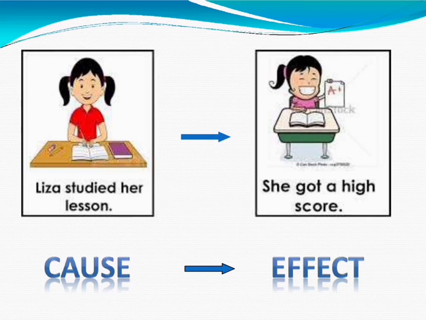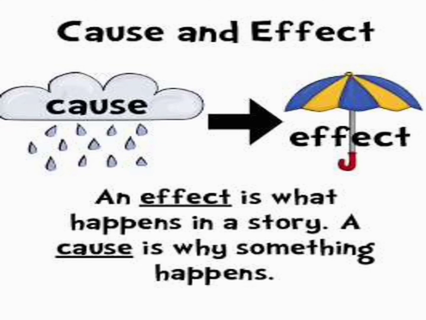In the next picture you can see rain, a rainy cloud, and an umbrella. You will use an umbrella only in rain or in hot weather. If it is not rainy or hot, you won't use an umbrella, right?